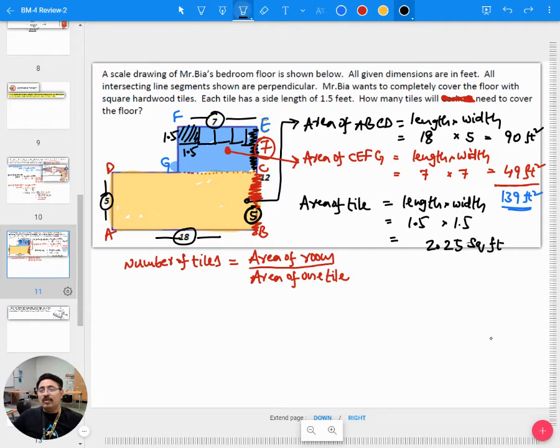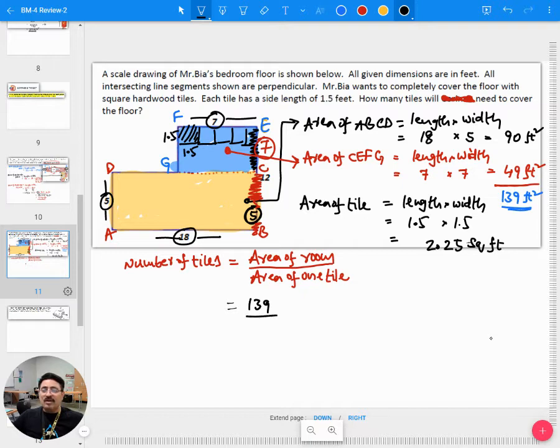Well, now we almost came to the last step. The last step is the area of the room, which we already computed, and the area of the tile, which we computed here. So let's plug in these numbers and compute. The area of the room is 139 square feet.